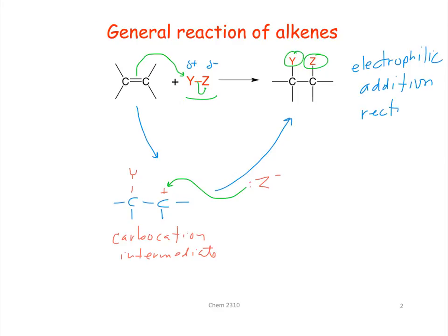And that is because that first step involves the pi bond reacting with an electrophile. Alright, so all the reactions that we're going to look at in this chapter are going to follow this same pathway. So we're going to add a Y and a Z across the pi bond to form this kind of product.